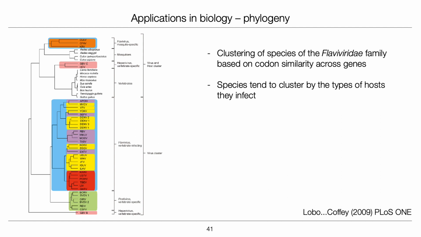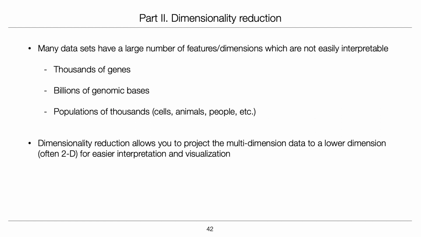Hierarchical clustering of different species of Flaviviridae viruses by their codon usage of protein coding genes reveals that species tend to cluster by the types of hosts they infect. So that concludes our discussion on hierarchical clustering.